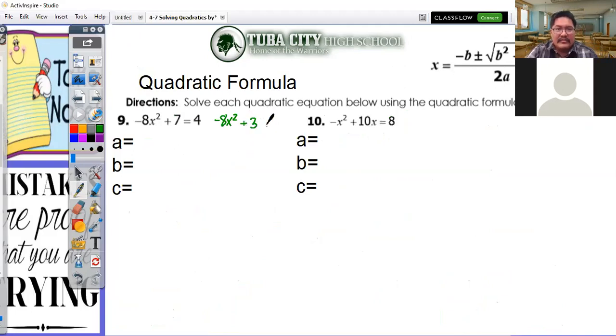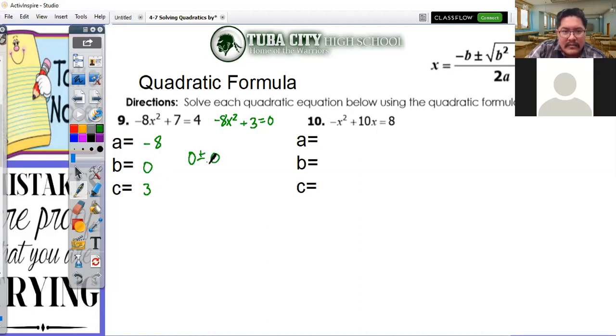There's a lot of work that goes on. And that's the downside of the quadratic formula, that there's oftentimes a lot of steps that you have to do. But again, it works every time. There's not really a way you could mess it up unless you put something in the wrong spot. All right, so there you go. I set it up. Let's plug it in.